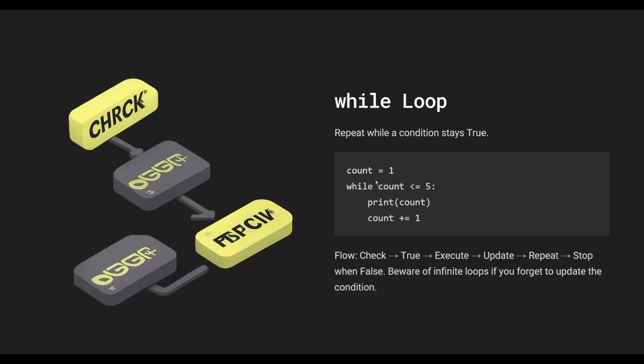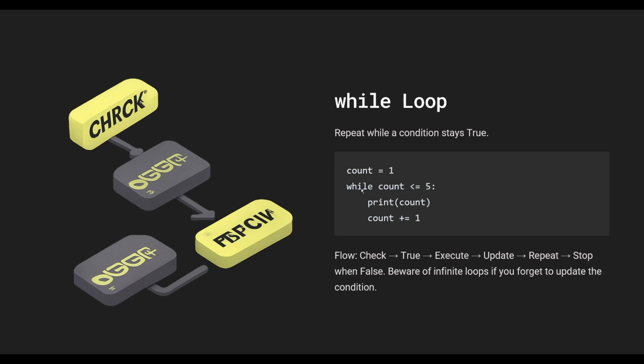Now, for the while loop, we are going to understand it with this example. Let's take count equal to 1. While count is less than or equal to 5, print the count value and then update the count value by 1. So what will it do? First, the count value is 1.